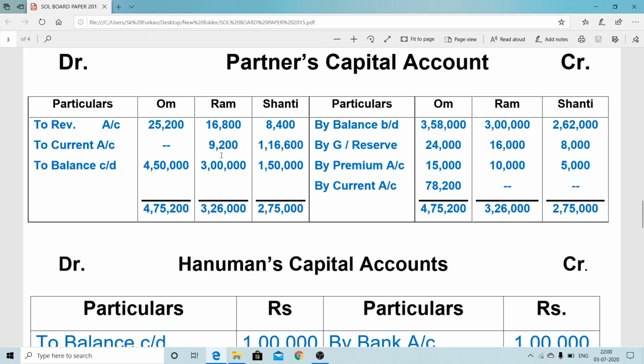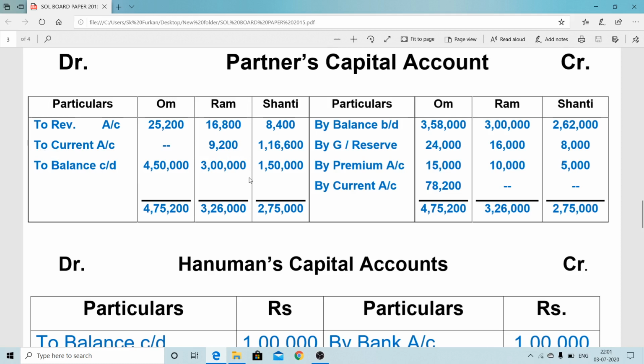So the firm has to pay Ram 9,200 as he wants to decrease his capital. Actually his capital is coming more, but as he wants to maintain a low capital, he should get 9,200 returned as per agreement. Without returning, they will transfer it to the respective current account. So on the shortest part here we are writing to current account 9,200. In future Ram can withdraw this amount, and at that time the current account will be cancelled.